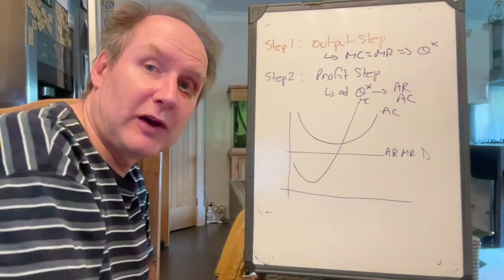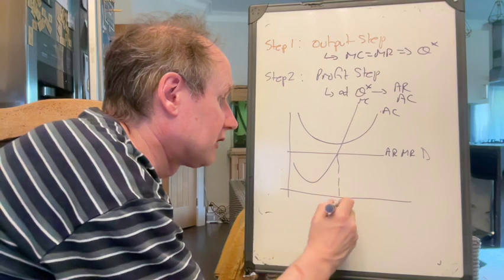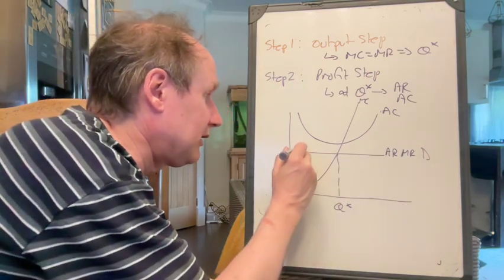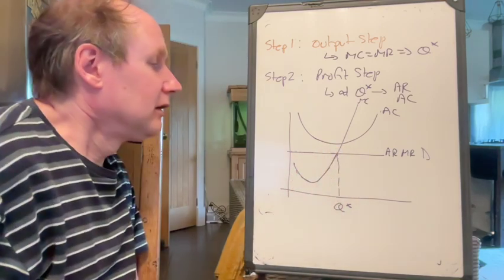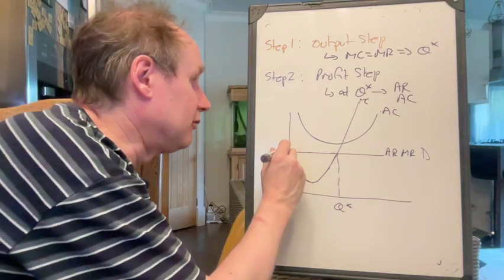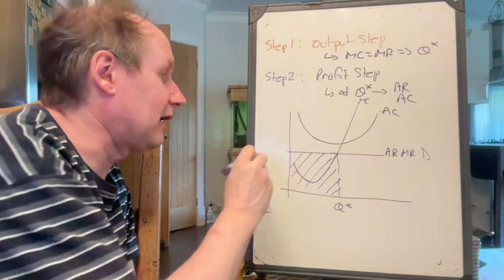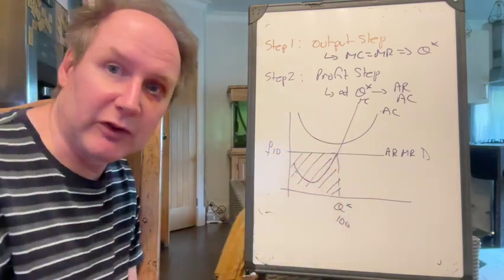Step one, let's find where MC equals MR. Here's MC, here's MR. Q star is the profit maximizing output. We want to produce all the units where the extra revenue is above the extra cost. Where's average revenue? It's here. So the firm's total revenue is that there. If that's 10 quid and that's 100 units, it's making total revenue of £1,000.